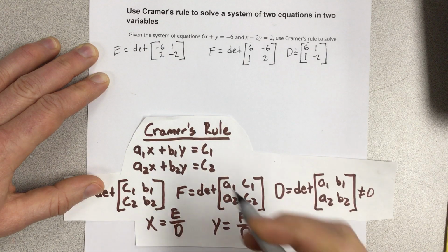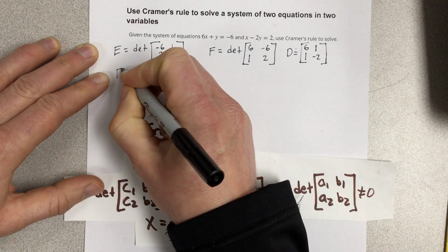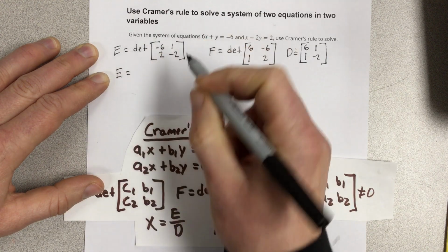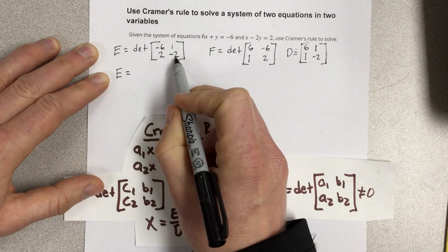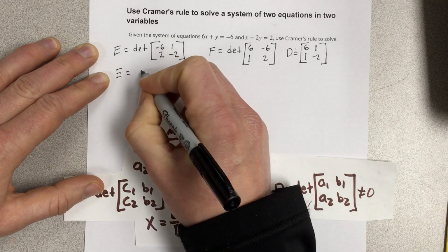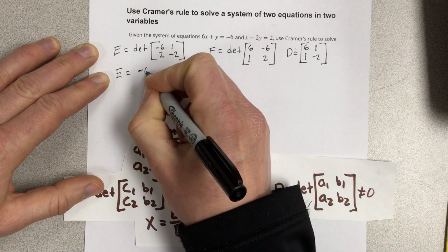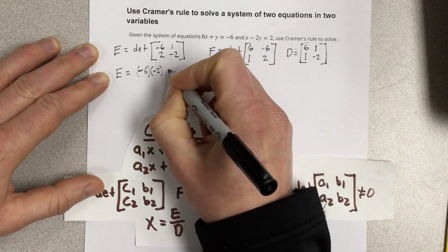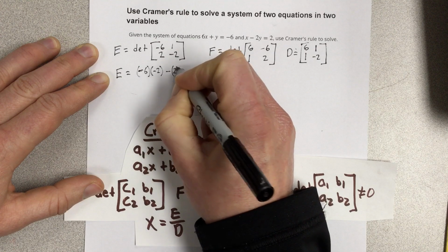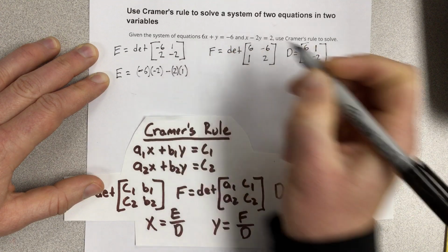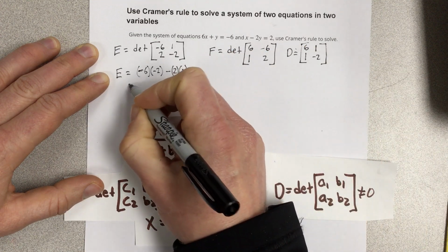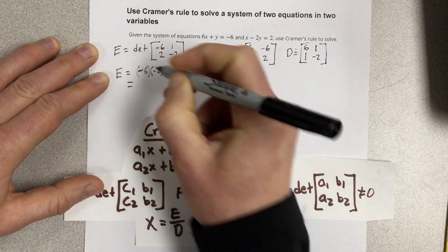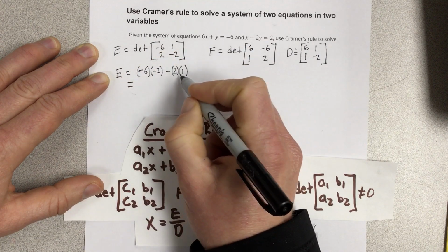So then we're going to find the determinant of each of those. So for E, the determinant here would be -6 times the -2 minus 2 times 1, and that would give you 12 minus 2, which is 10.